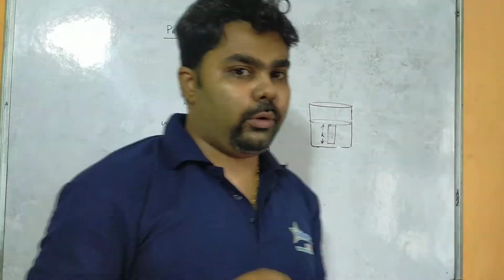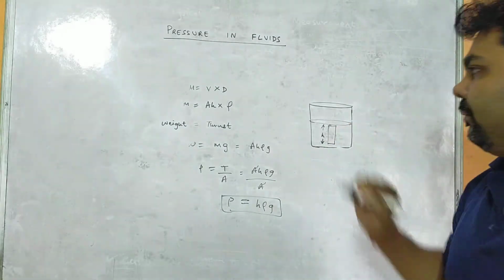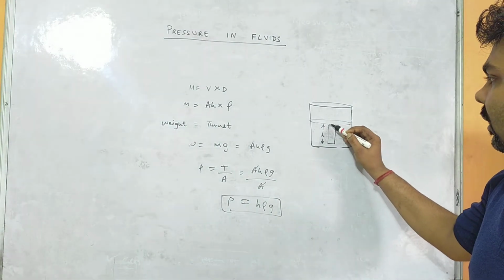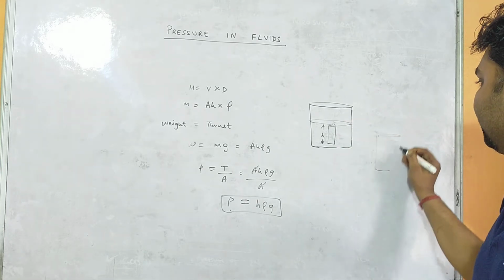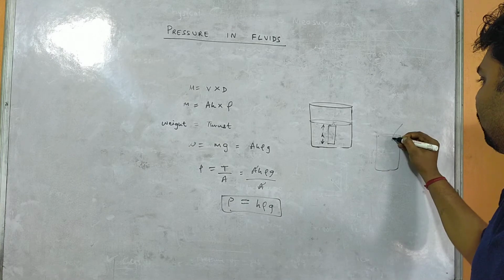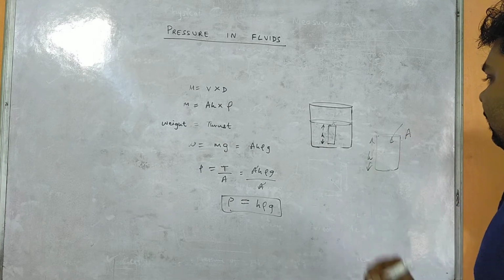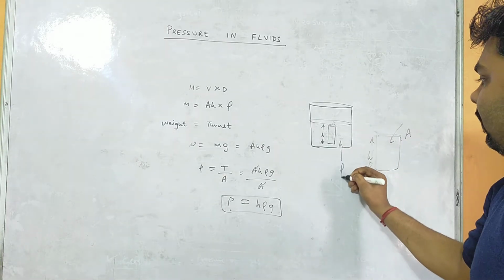Now we need to calculate how much pressure this cylindrical body will exert in this liquid. Okay, so let us consider A to be the area of the body which is being dipped here. This cylindrical body area is A. Let us consider its height is h, and the density of this liquid is rho.